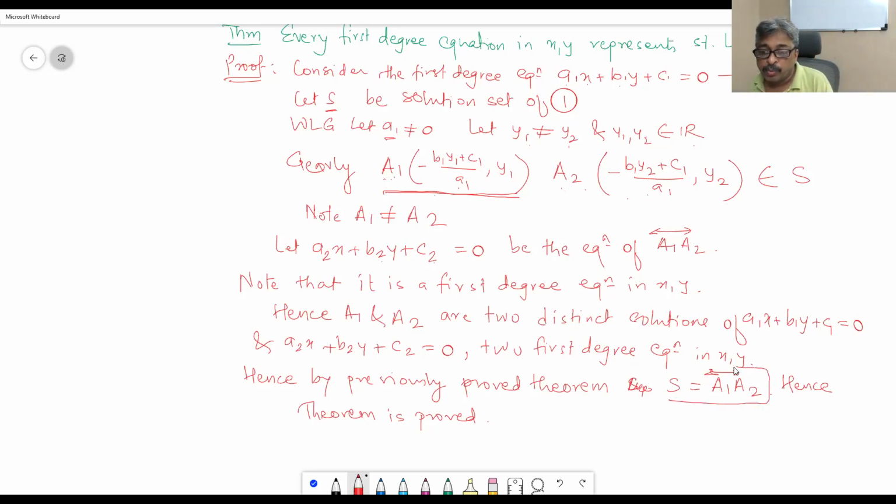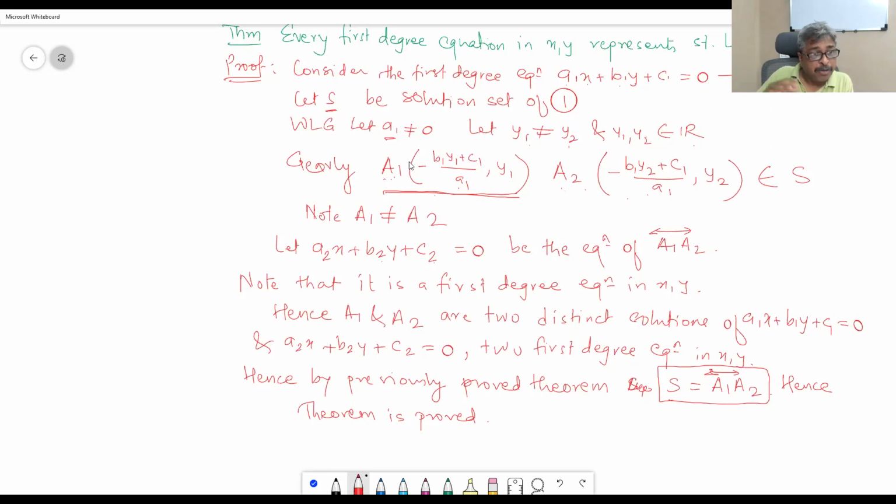Okay. So, whatever we have discussed today, everything put together, we get the final result that every first degree equation in x and y represents a straight line. This is what we had assumed and we solved all the problems. But somewhere, someday, somebody has to prove this: why should every first degree equation represent a straight line?